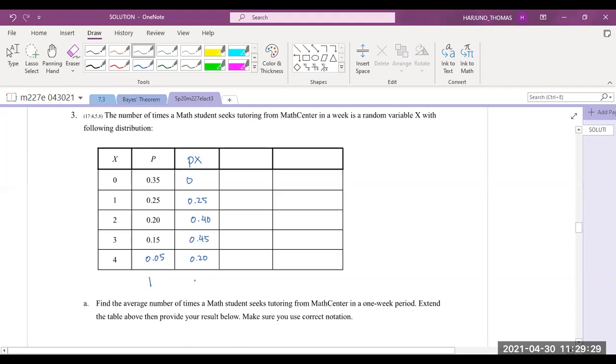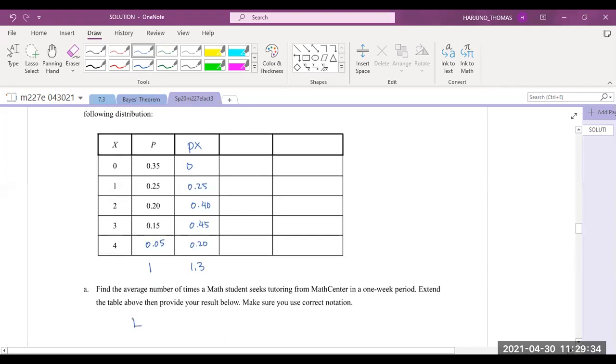I get 1.3. So the expected number of times a math student seeks tutoring from Math Center will be 1.3. Okay, you need to write the number, of course, and also the notation. The notation you use may be expected value E(X), or you can use mu sub X, or you can simply use mu, not X bar. Okay, you need to give me the correct notation.